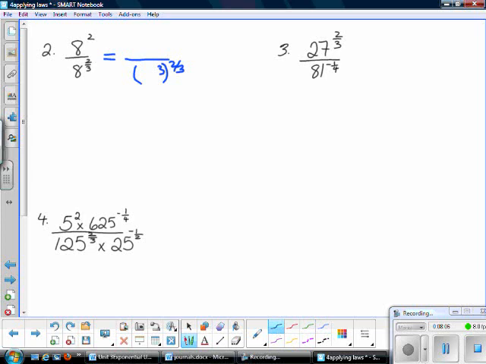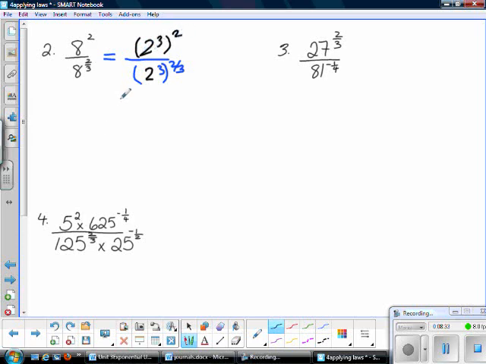Well, hopefully you recognize that 2 cubed is the same as 8. So if I put a 2 here, I haven't changed the value of 8. 8 is 2 cubed. Since I know I have to have a single power, I'm going to change the 8 in the numerator up here also to 2 cubed, and that is squared.